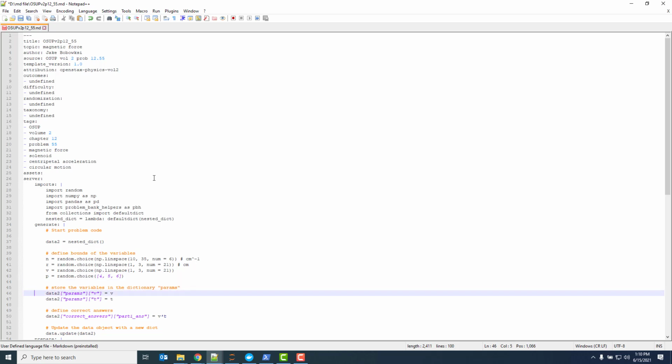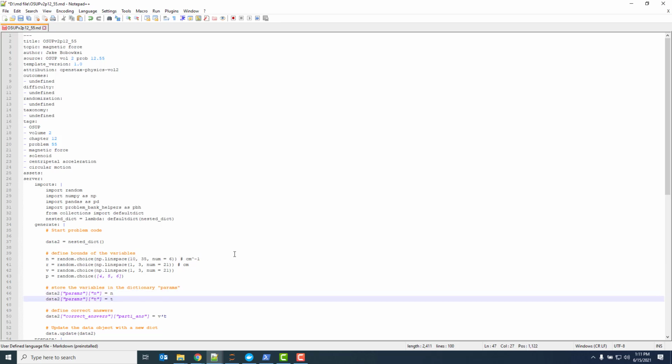The next thing we're going to do is store the names of these variables so that in the question file, params.n will be equal to whatever n was chosen by this random choice.